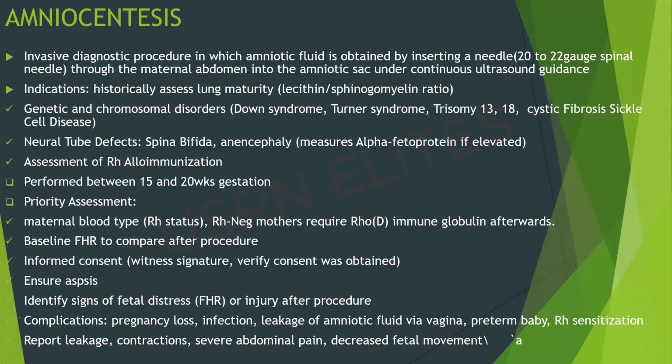These are all neural tube defects, involving the brain and the spinal cord. If the child is having neural tube defects, they use the amniotic fluid. So please take note of these two things: genetic chromosomal disorder as well as neural tube defect.